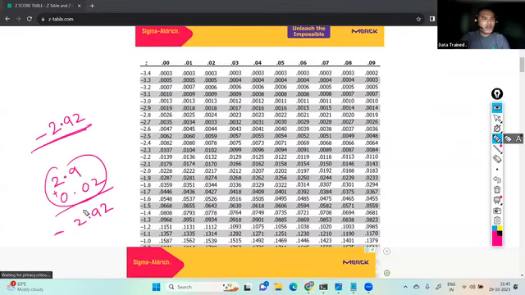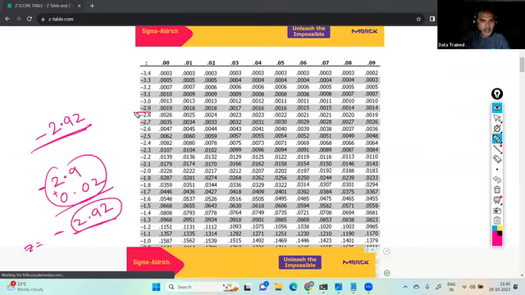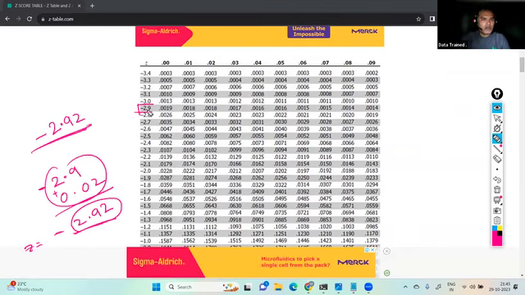Now we are going to look for the number using this 2.92. This is a Z score. This is minus 2.9, right? So where we have minus 2.9, in the vertical, we look for 2.9, and horizontally, dot 02.